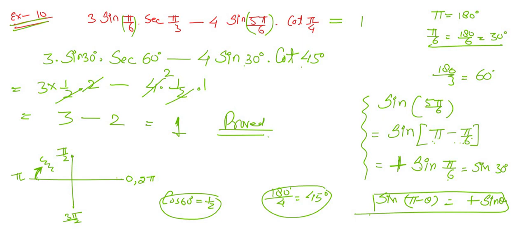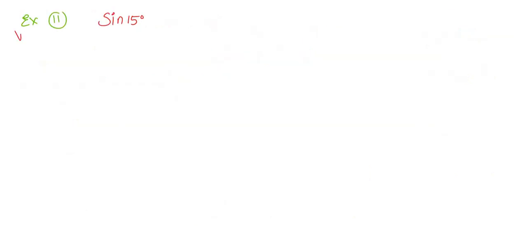Let's do example 11. Example 11 is a very important question for learning purpose and for exam purpose. So we need a manipulation. Sin 15, can I write 15 as 45 minus 30?